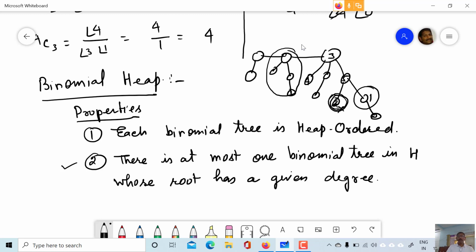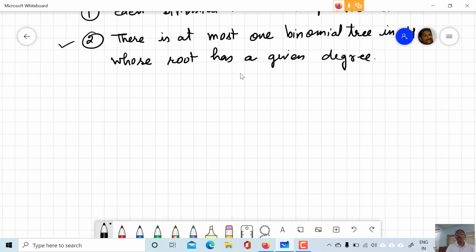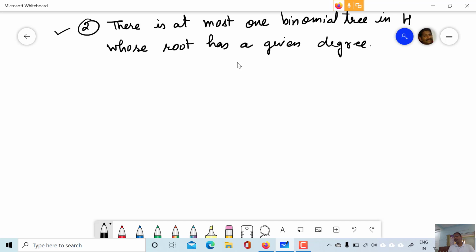Now, the important part: what is binomial heap union? The main property of a binomial heap is that more than one binomial heap can be united with each other.